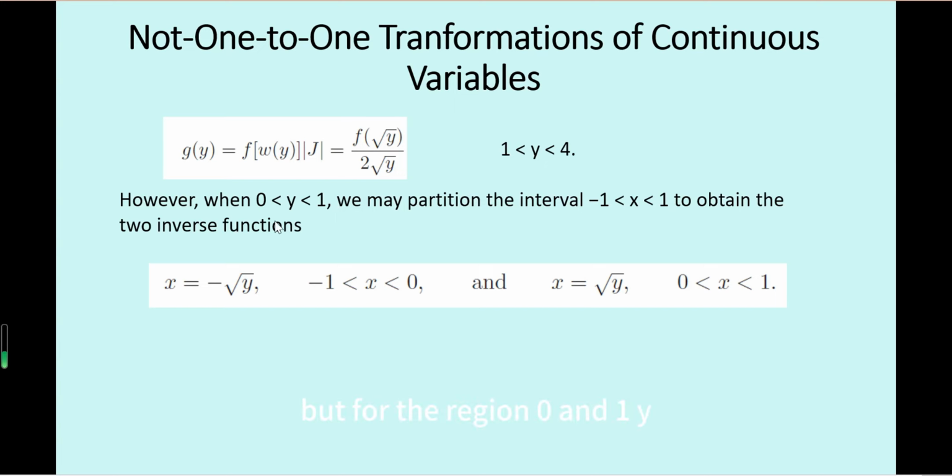But for the region of y between 0 and 1, we may partition the interval of x between -1 and 1 to obtain two inverse functions. So for x between -1 and 0, x equals minus square root of y. And for x between 0 and 1, x equals positive square root of y.